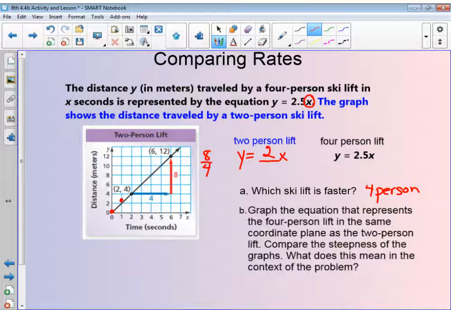Okay, and every box there is worth 2, so I need to be about 1/4 of the way up the box. If I now go in at 2 seconds, 2.5 times 2 is going to give me 5. So over to 2, up to 5, so the middle. And then we'll go ahead and do 3. So 2.5 times 3 is going to give me 7.5, so just under the 8.